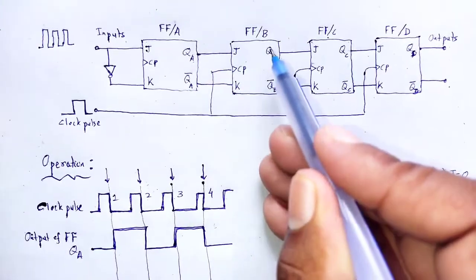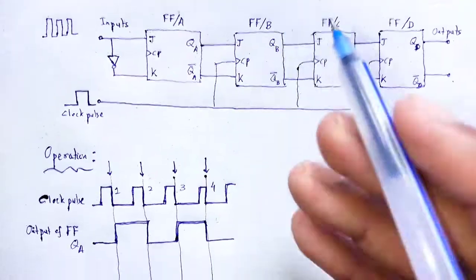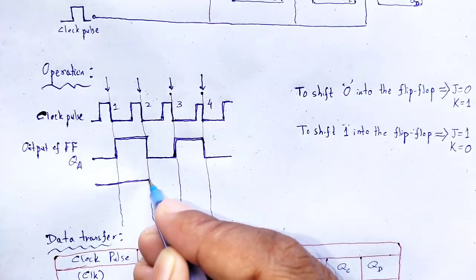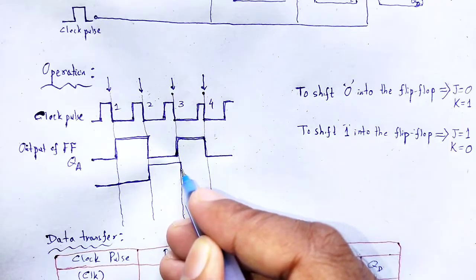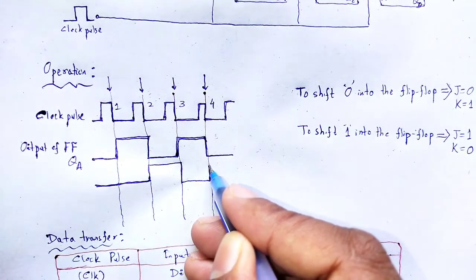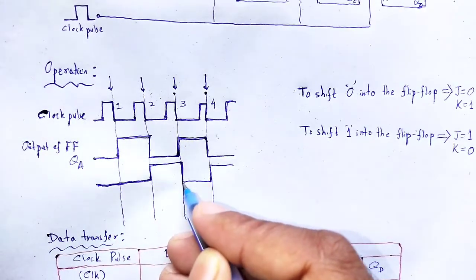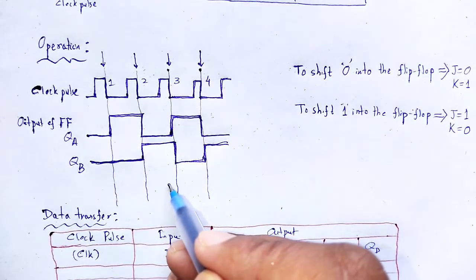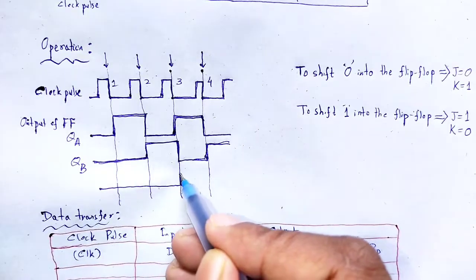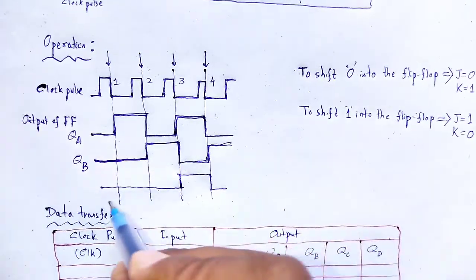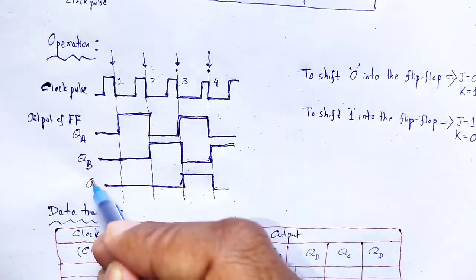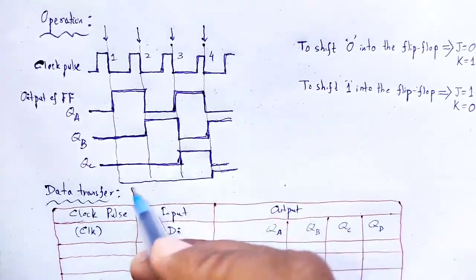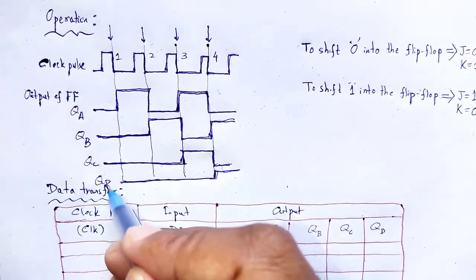So, at QB end, QA is also there. In the graph it is seen. This is QB. Next for QC. Next for QD.